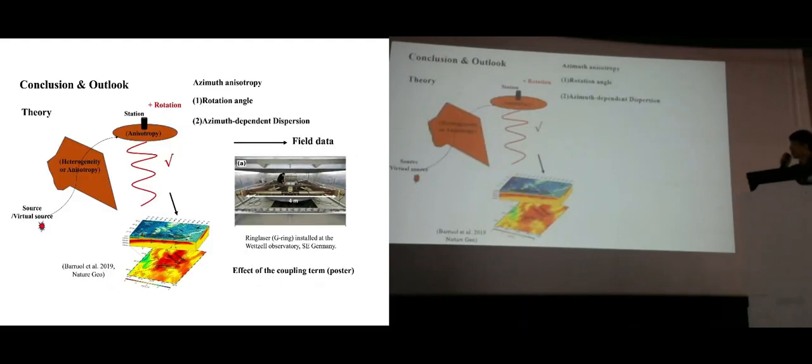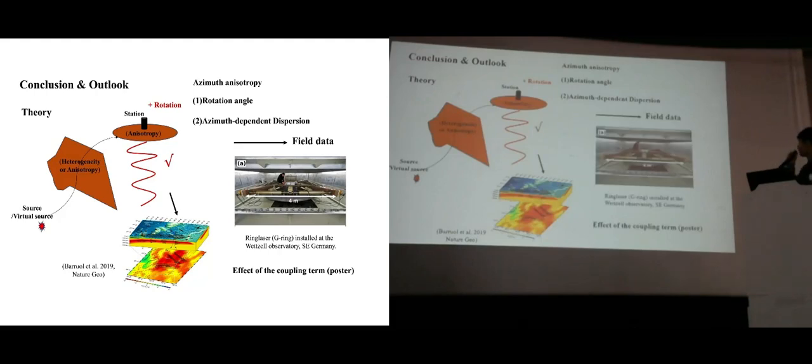So, in conclusion, in theory, we can use the rotational motions to study the localized azimuth anisotropy and to find the flow direction. And it can provide the rotation angle and the azimuth-dependent dispersion information. The biggest challenge is how to use field data or do some experiments to verify the theory.